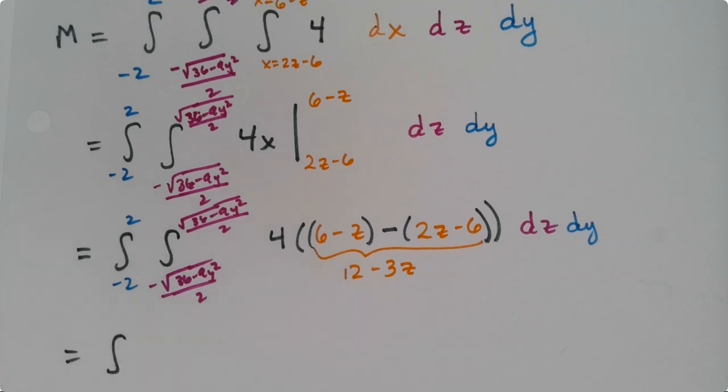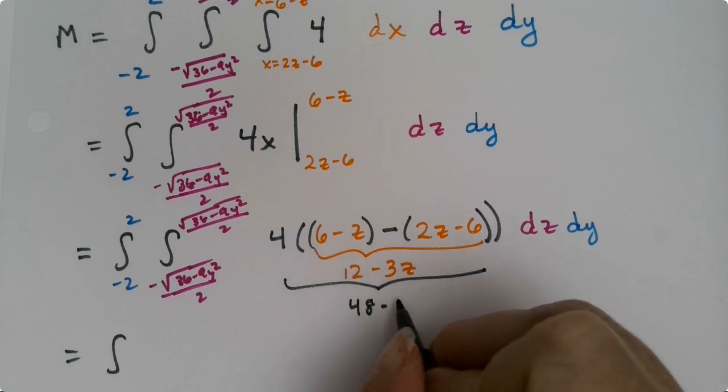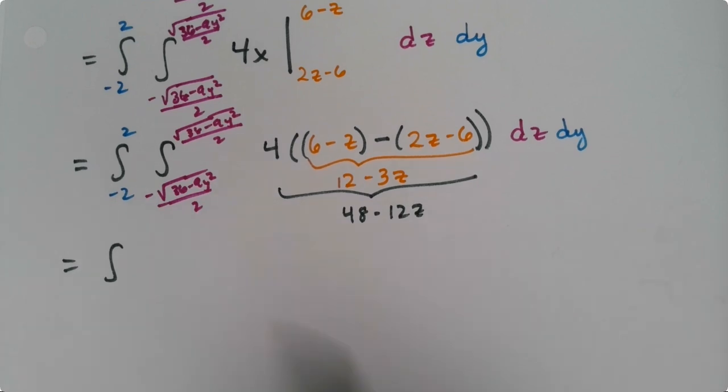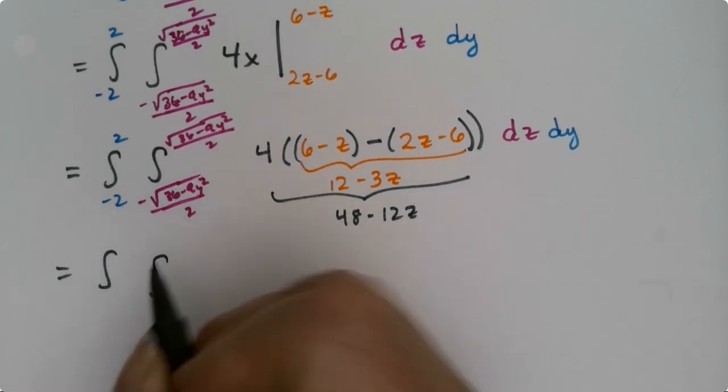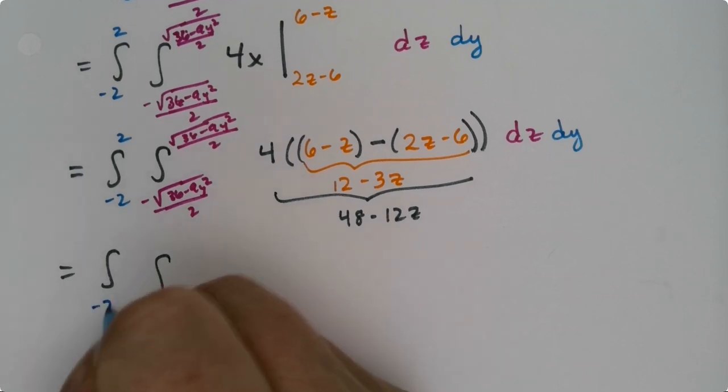So all right, we're about to integrate though. So let me just write this whole thing. This is 48 take away 12z, right? Okay, so then I'm going to write one more integral. So this is the integral from negative 2 to 2.